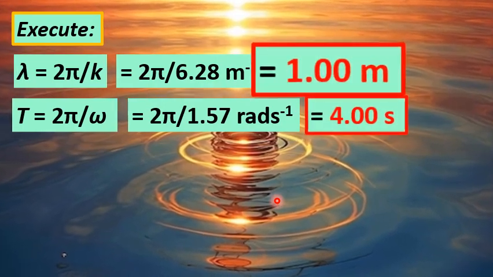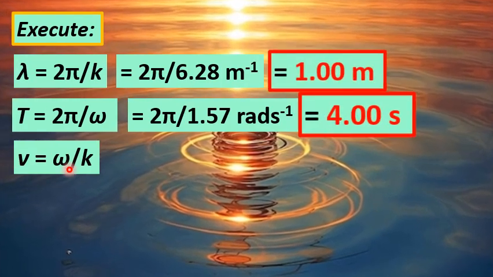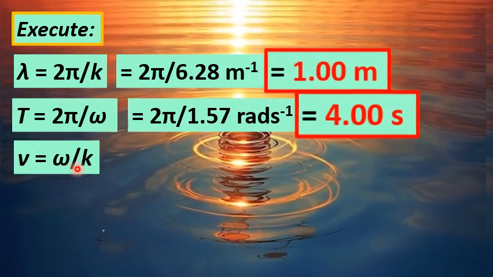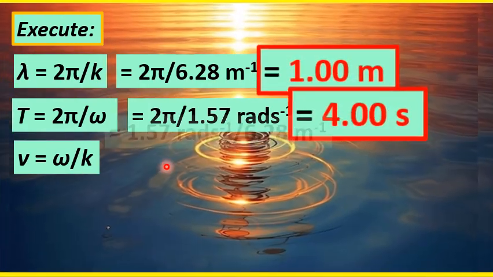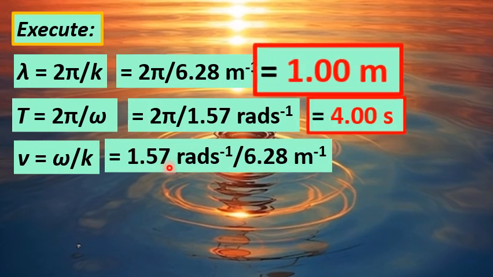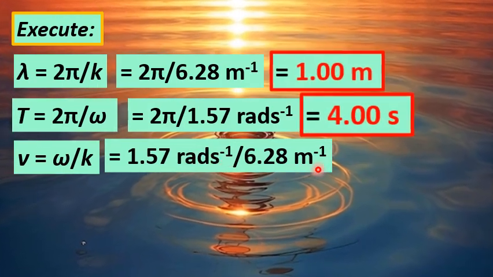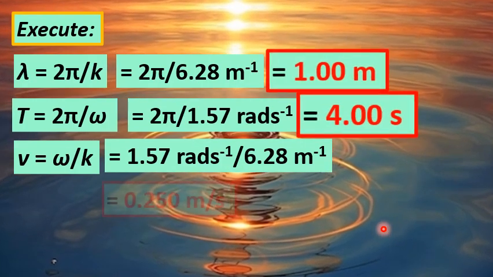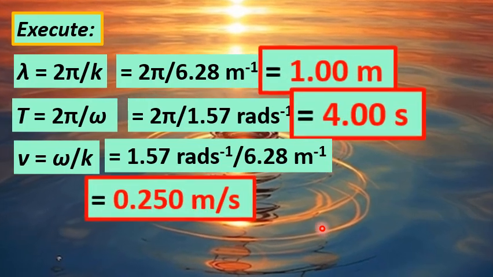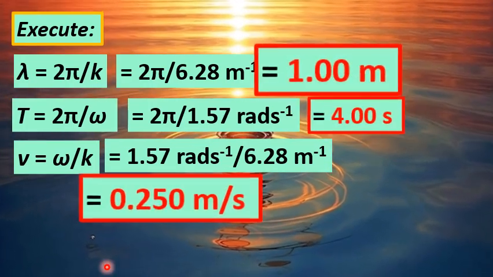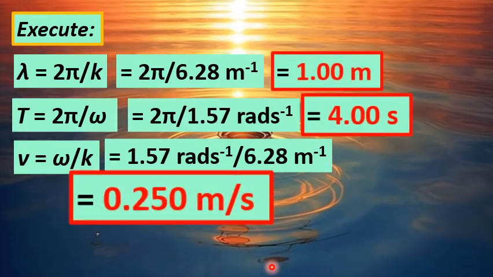Finally, for the wave speed, we divide the angular frequency omega by the wave number k, or 1.57 radian per second divided by 6.28 per meter. Doing our math, we get the speed of the wave equal to 0.250 meters per second.